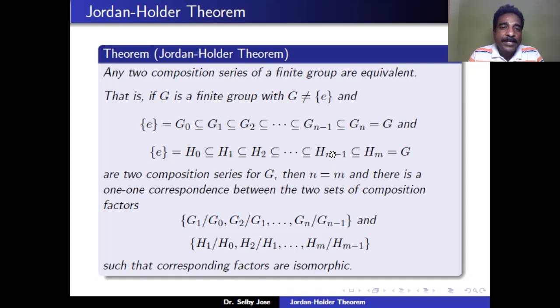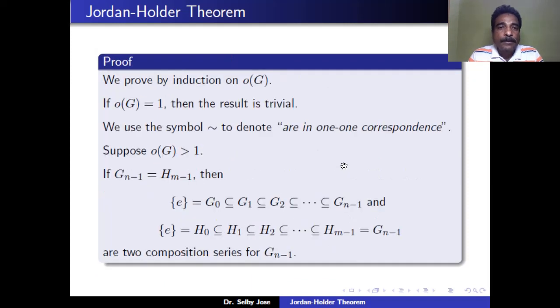But Hm-1 and Gn-1 are the same. Therefore, you have two composition series of Gn-1, namely G0 contained in G1 contained in ... Gn-1 and H0 contained in H1 contained in etc. contained in Hm-1. So you have two composition series of Gn-1.